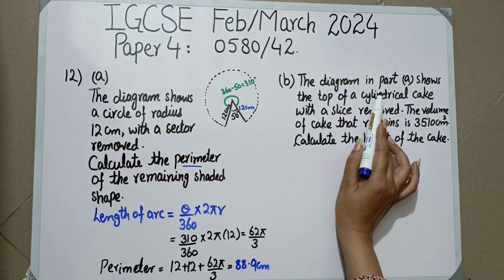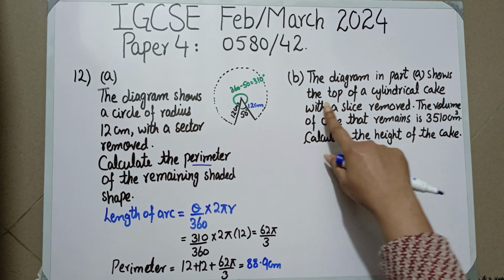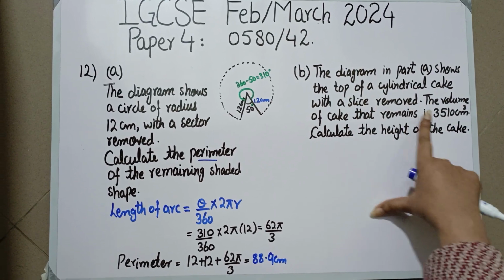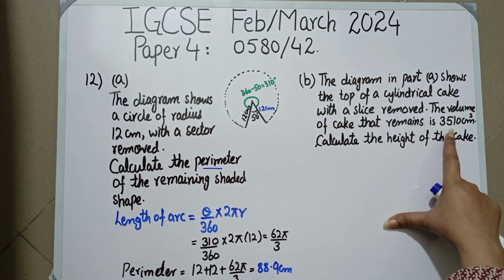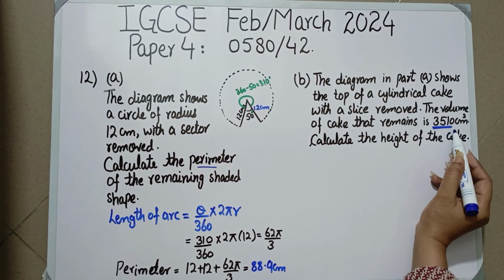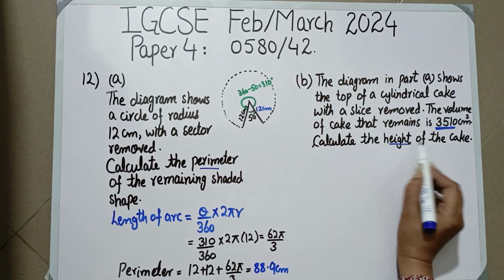The diagram in part A shows the top of a cylindrical cake with a slice removed. The volume of the cake that remains is 3510. This is the volume of the cake given by the examiner. He is asking you to calculate the height of the cake.